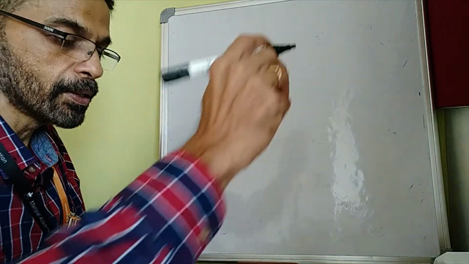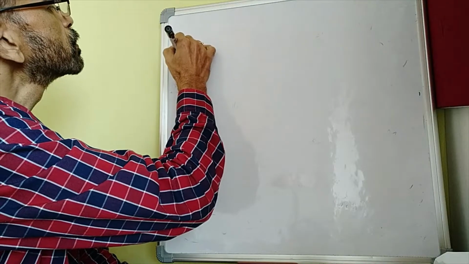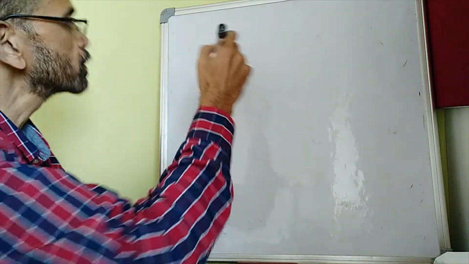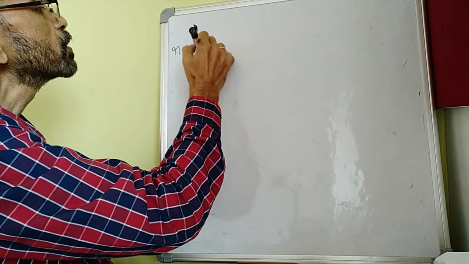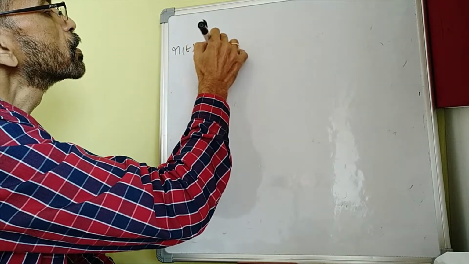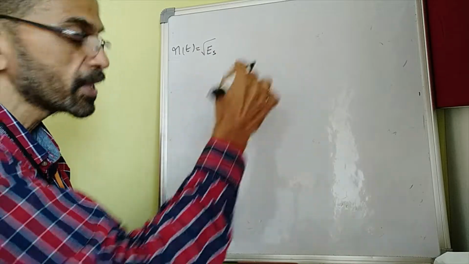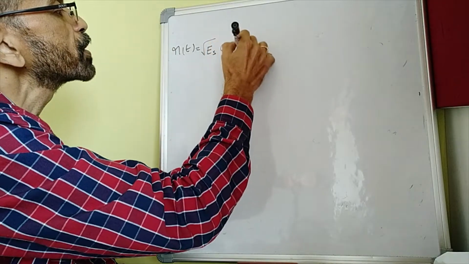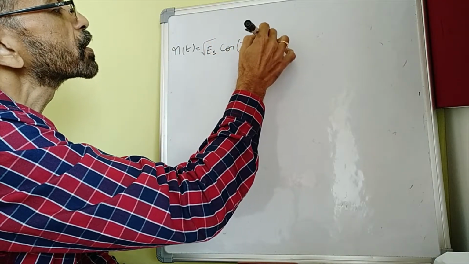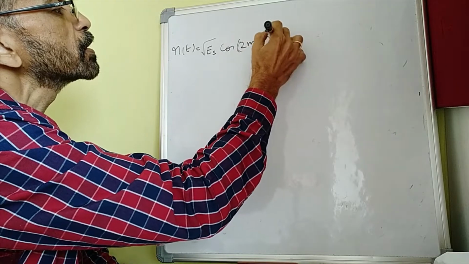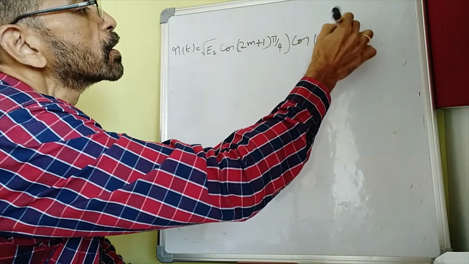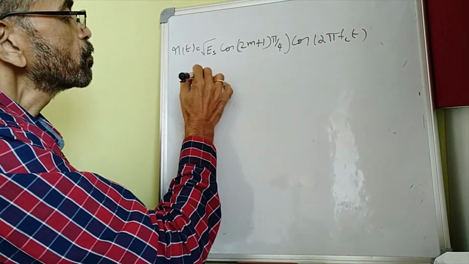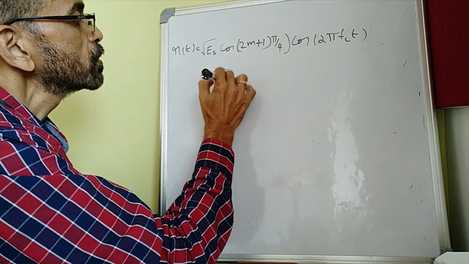We know that in general the received signal in QPSK will be root Es, and I am writing the expanded form which we obtained by using the trigonometric identity cos(A plus B), minus root Es.